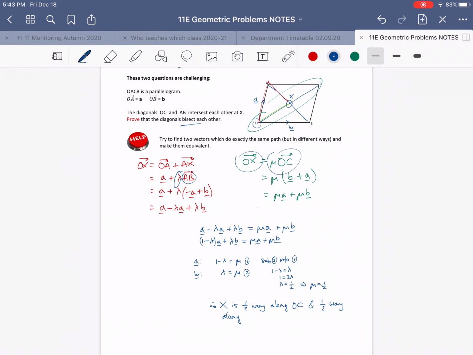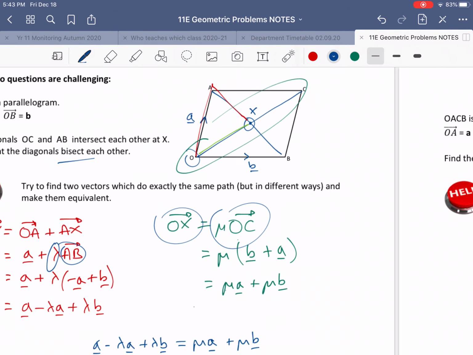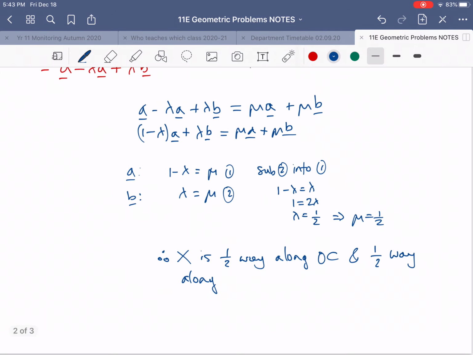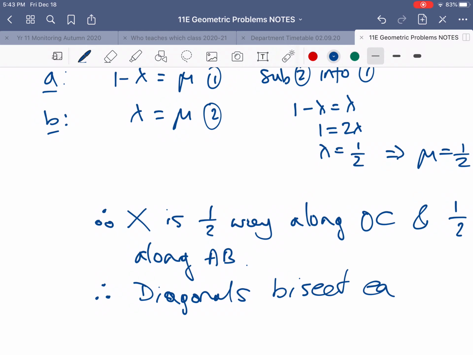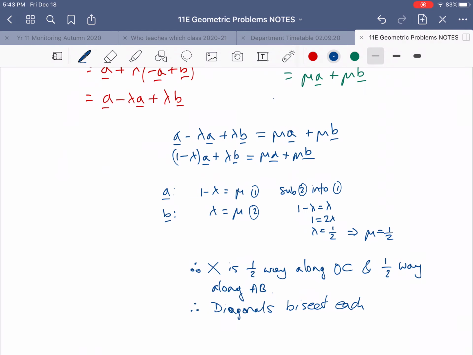I forgot what the other diagonal was, so halfway along OC and halfway along AB. And therefore the diagonals do bisect each other. Done.